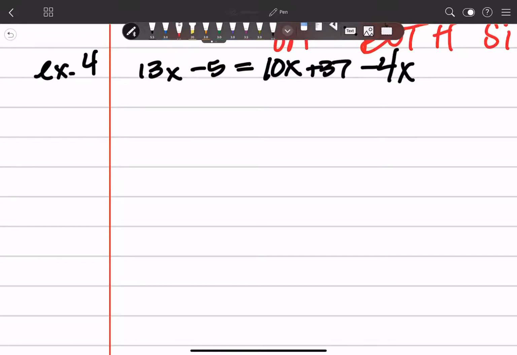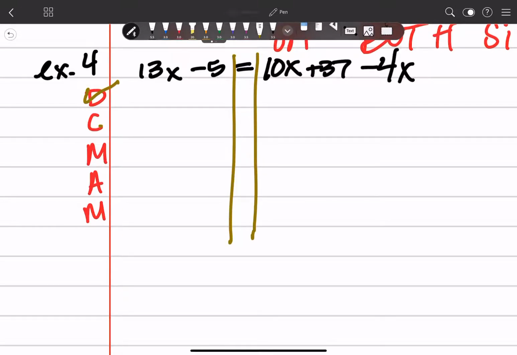All right, and we're going to write out our steps. Don't call me after midnight for distribute. In this case, there is no distribution, so we're going to put a check and keep moving forward. Combine like terms. You want to do it on each side.